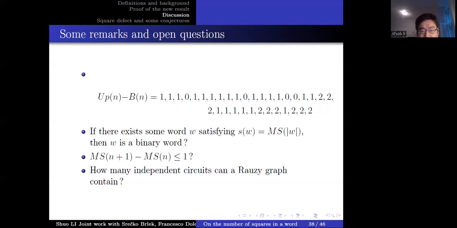However, there are other circuits which are independent of the small circuits, for example, the primitive circuits. And are there any other circuits which are independent of these two types of circuits on the Rauzy graph? This question is still open for me. Maybe you have the answer, but it's an open question for me.